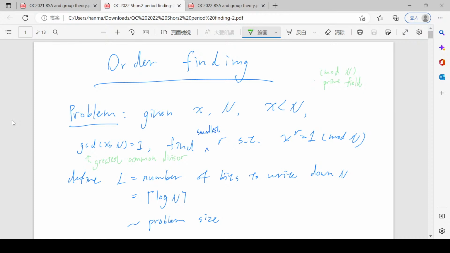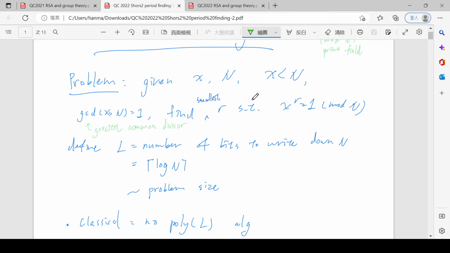You have some number n, which is not necessarily prime, and we have x that's co-prime to n, and we find the number r, which is called the order of x with respect to n.